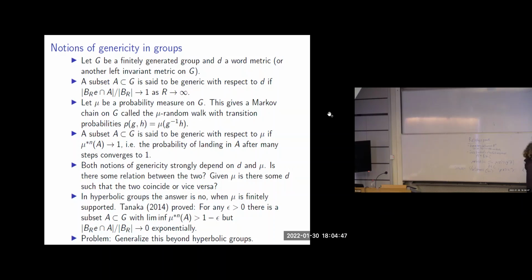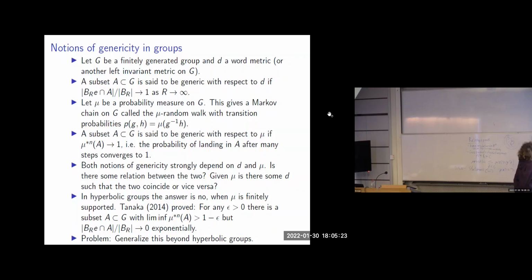One is geometric, one is probabilistic. The geometric notion: a subset A is generic with respect to a metric if you look at the proportion of the ball of radius R which lies in the subset A, as a proportion of the total ball of radius R. Hopefully it's a proper metric, but otherwise we can't say much. And this should go to 1.